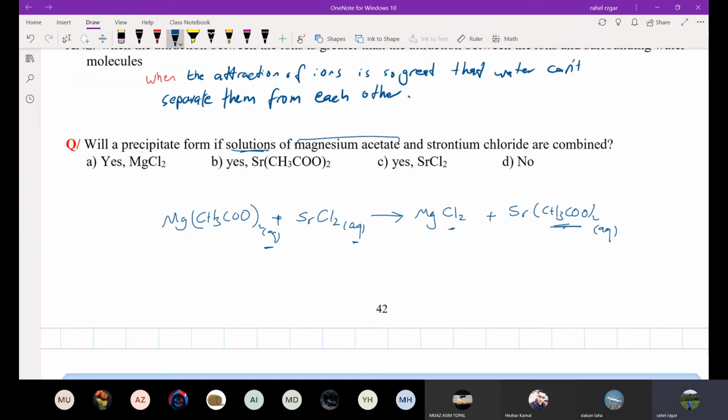This one, Cl. Cl is generally soluble, except with what? Ag, silver, lead, and mercury. So it hasn't reacted with any of those. That's why this one is, sorry, again, aqueous. So do we have a precipitate? No, we don't have a precipitate. So the answer is D.